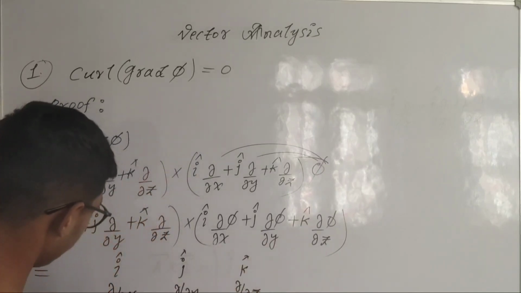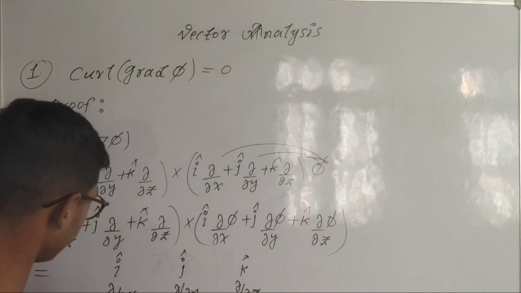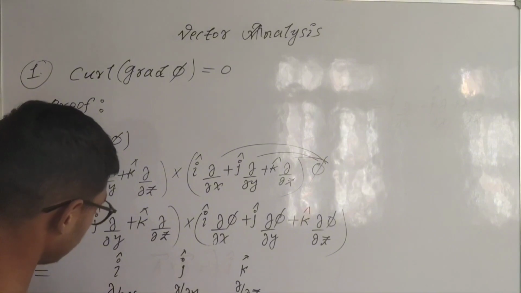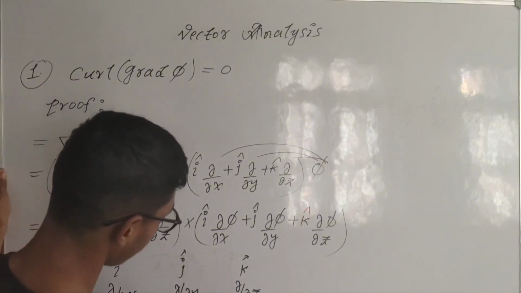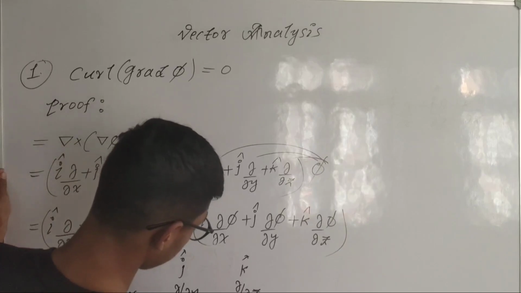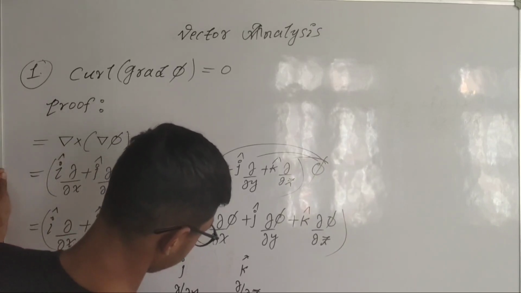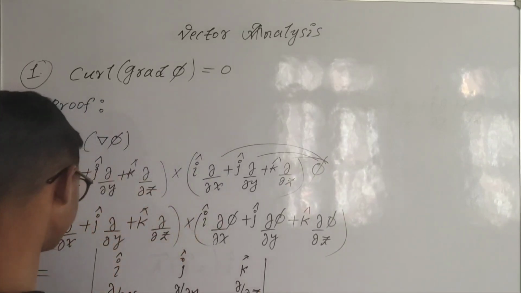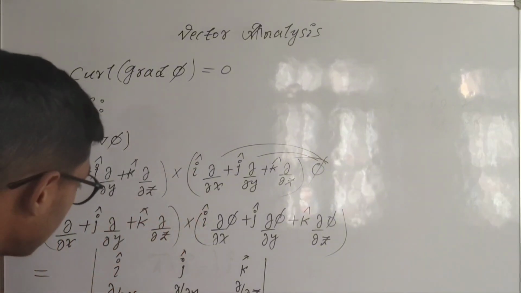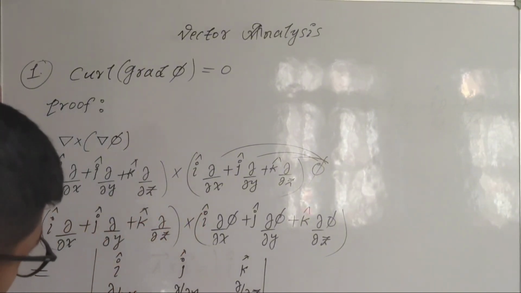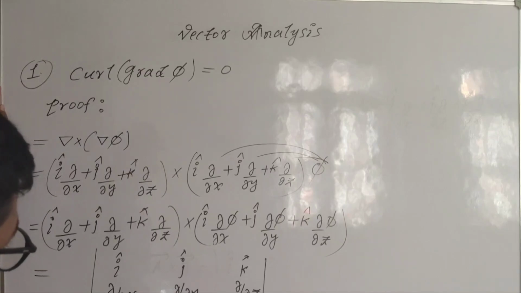And for the second row it is del phi by del x, del phi by del y, and del phi by del z. So we have to calculate its determinant, and I'm sure you are all pretty confident about finding the determinant.